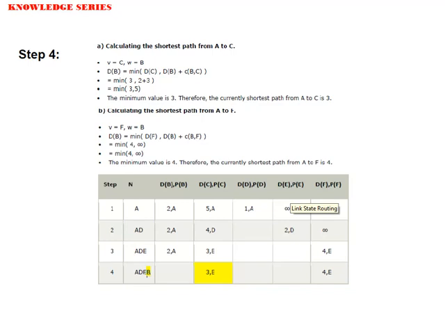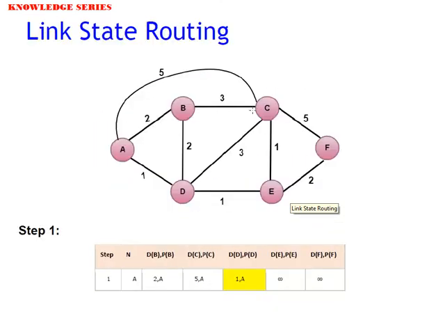So B is the subroot, and with respect to C, V is C and W is B, and here again the minimum link, the cost function between C and B. So the minimum distance is 3 with respect to C, the distance from A. The minimum distance of B with respect to A is 2, and B to C is coming as 3. So 3 plus 2 is 5, and 3 is coming 3, so 3 is smaller. That is what we see in this particular case.